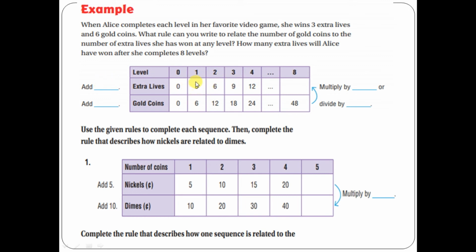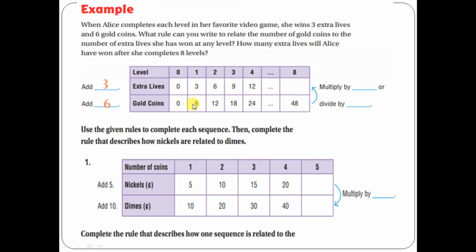So for every level, there are 3 lives. And how many gold coins for each level? It's 6. So 6 plus 6 will be 12 for level 2. Plus 6, it will be 18. Plus 6, it will be 24. So every time she wins a level, she will take 6 extra coins. This means adding 6.